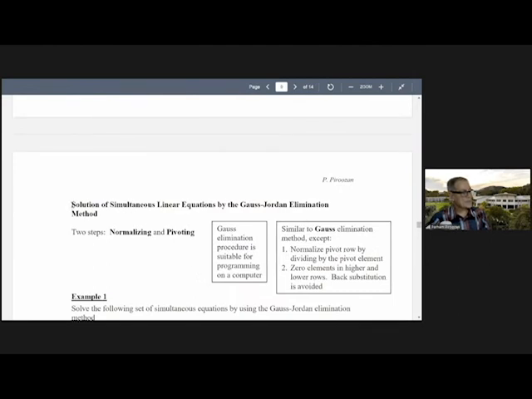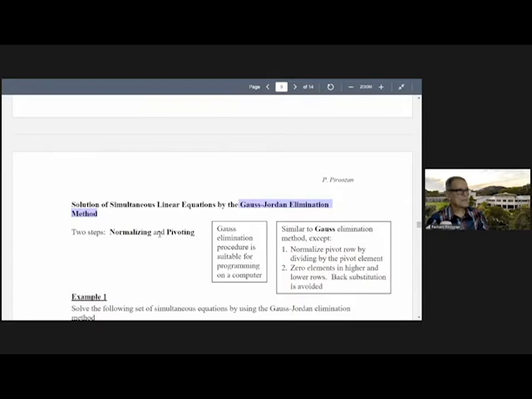This week, in the lab activity, activity 2, we are going to solve simultaneous linear equations by the Gauss-Jordan elimination method or by other methods. Most programs actually use the Gauss-Jordan elimination method, one of the most popular ones. We are going to review this.